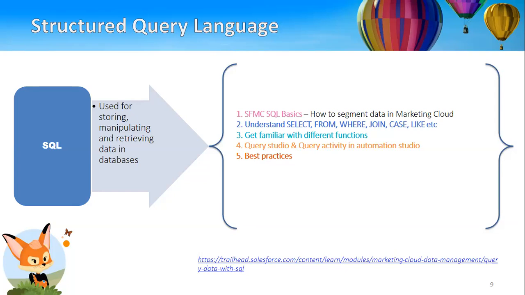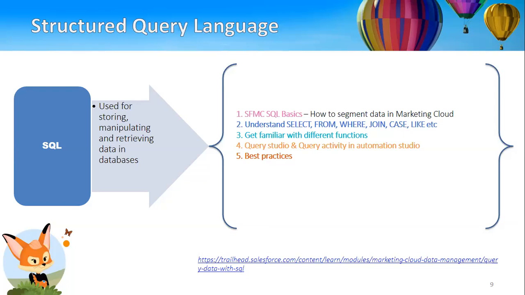And understanding of data models and data views. Earlier I mentioned data views as virtual tables, and they are very important when you are working with SQL. You can get the details of unsubscriptions, opens, clicks, all these things using SQL and data views in combination. Those are some of the concepts to keep in mind when you learn SQL.